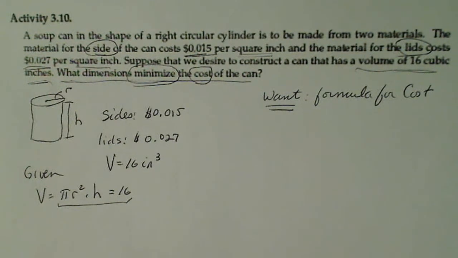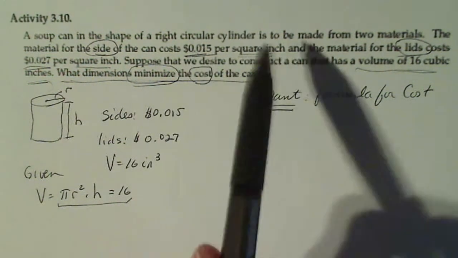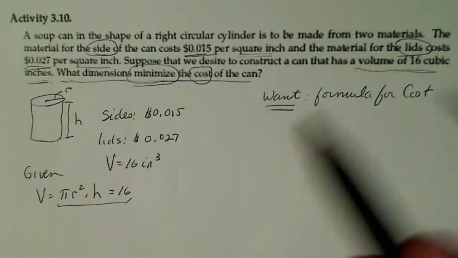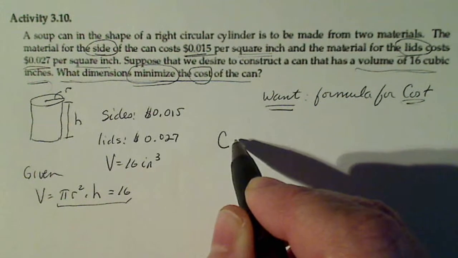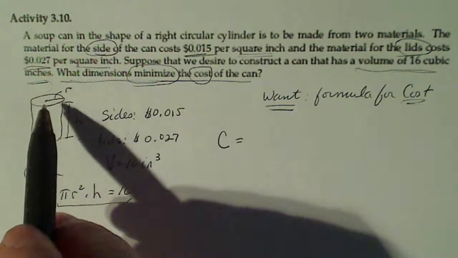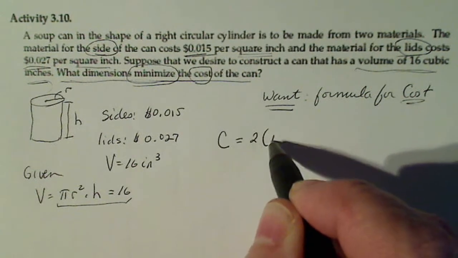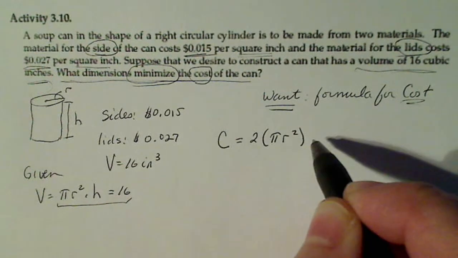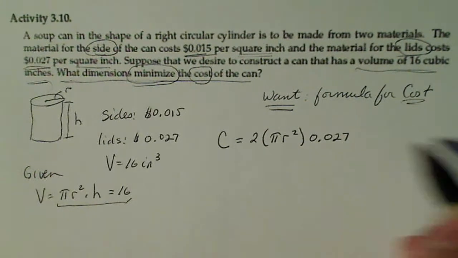Now over here for the cost, it talks about it costing a certain amount per square inch, and square inch implies surface area. So we have to put together the surface area and the cost per square inch to come up with this formula that they want. So cost, if I think about the area of the lids, there's going to be two lids. Each one has an area of pi r squared. And every square inch in those lids is going to cost me $0.027.